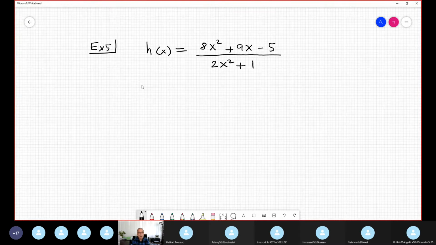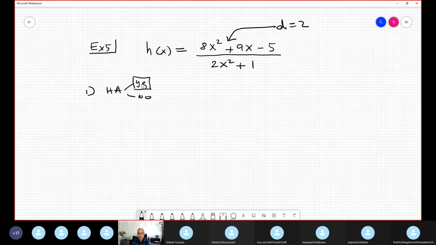My first question is, do we have a horizontal asymptote, yes or no? Yes, because the degree of the polynomial in the denominator is 2, and the degree of the polynomial in the numerator is also 2. Same degree is the regular case, not special. So yes, we have one. At what value? At y equals 4. And 4 comes from the division of this coefficient divided by this.